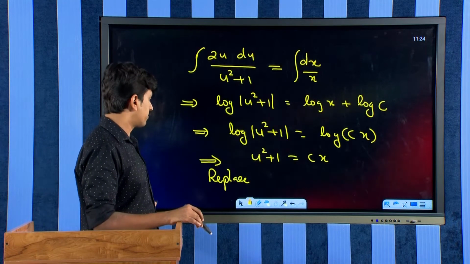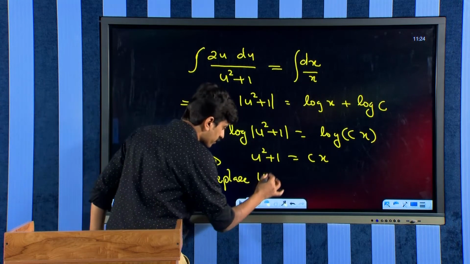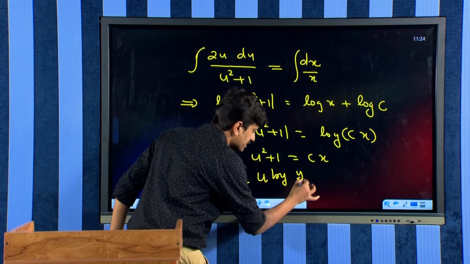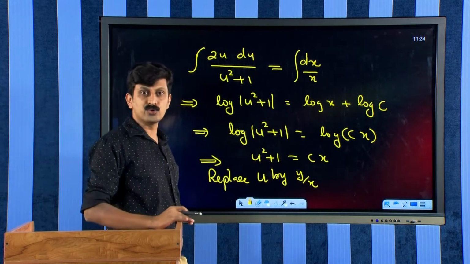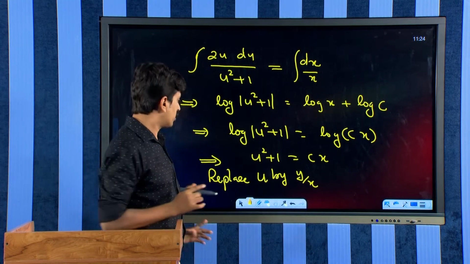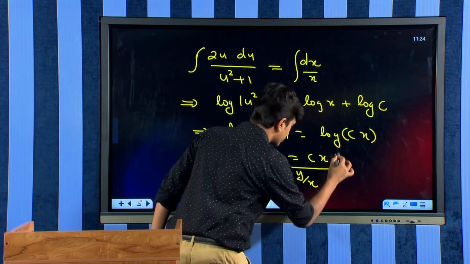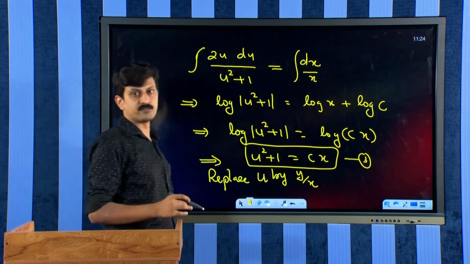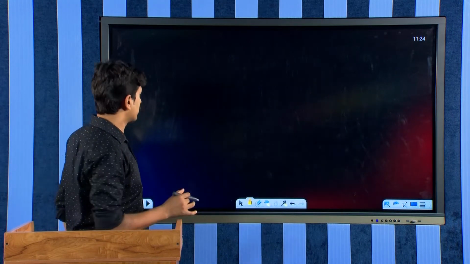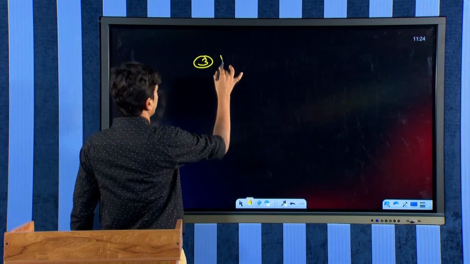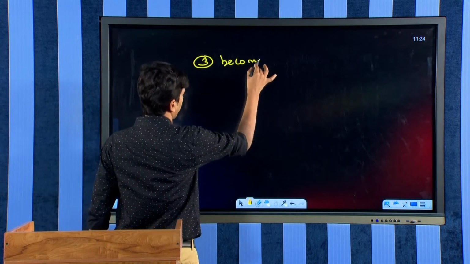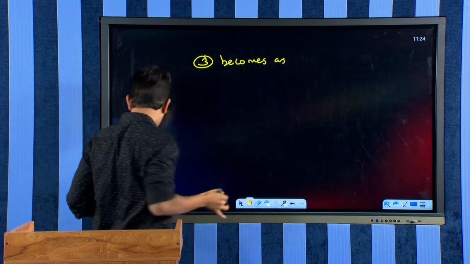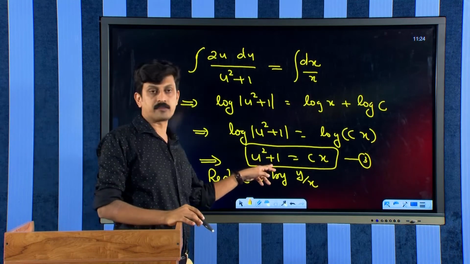This equation, I would like to call equation number 3. Equation number 3 becomes, as, see, u square plus 1.